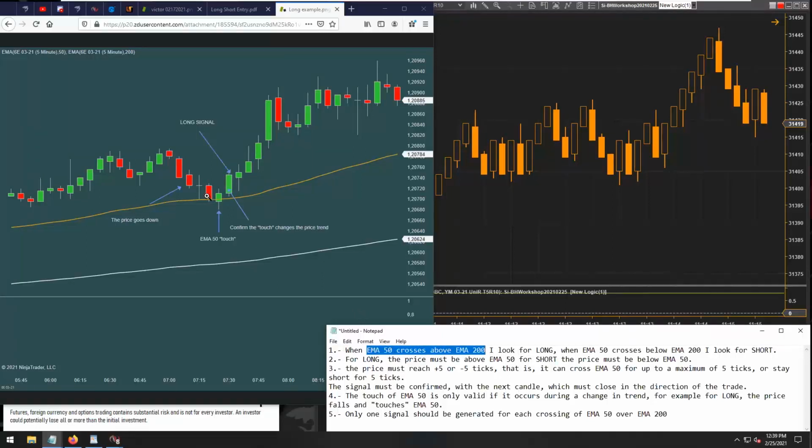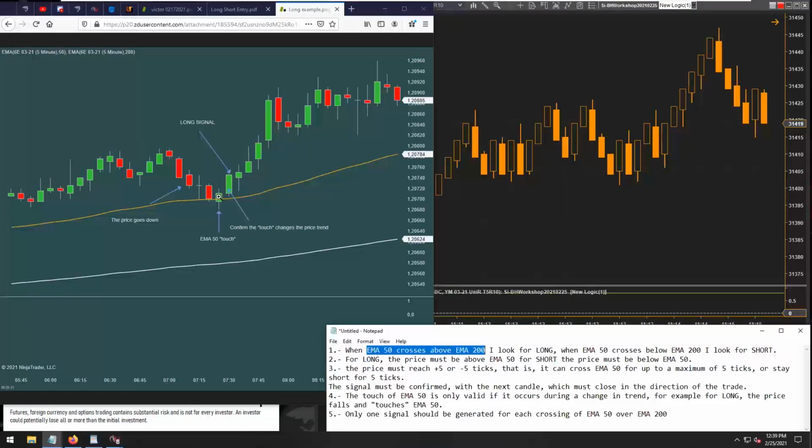Right. So again, the direction of the trend is determined by the EMA50 and EMA200. So here is where price touches, and actually according to these rules here, I would say this image is completely wrong, because this red bar looks like it definitely is within 5 ticks of our moving average, and then this next bar here is an up bar.